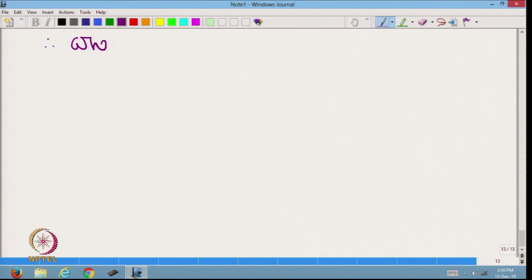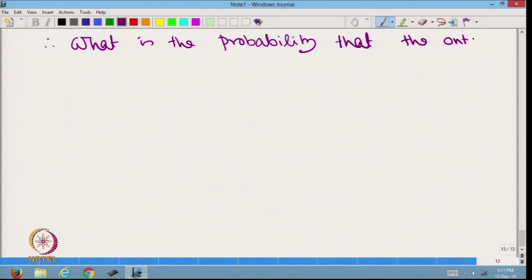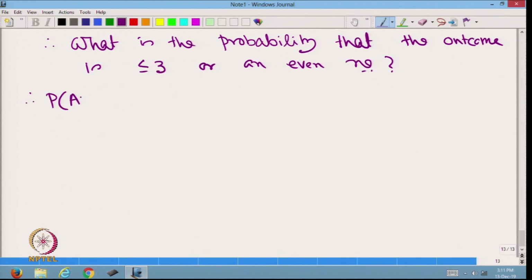Therefore, what is the probability that the outcome is less than or equal to 3 or an even number, that is A union B?